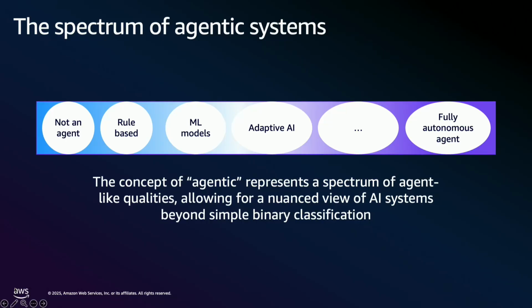It's not about, oh, this is an agent, or this is not an agent. It can be a fully autonomous agent or semi-autonomous, and it's really the combination of AI intelligence and human intelligence working together to achieve a common goal.